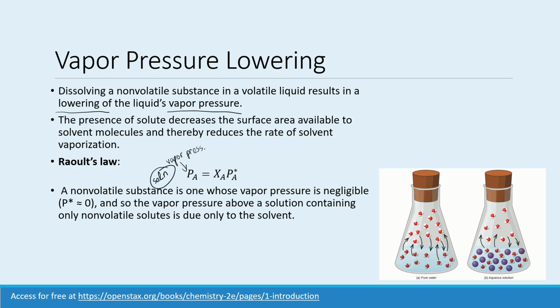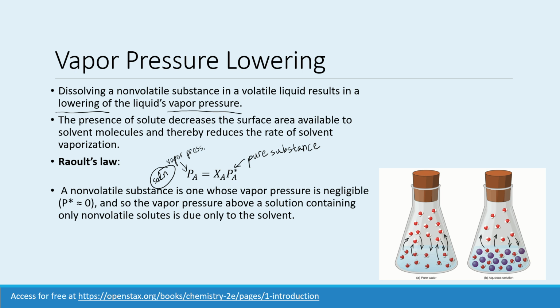Okay, and that is going to be equal to XA. Remember, X represents our mole fraction, and then the second vapor pressure is going to be based on the pure substance. And so this could be, right, the pure solute or the pure solvent, depending on if both substances are volatile. Now, non-volatile substances, their vapor pressure is going to be negligible, so we'll assume it to be 0.